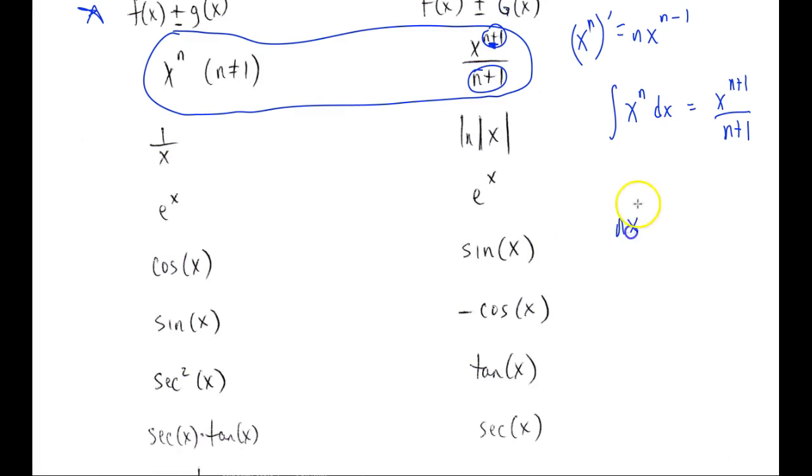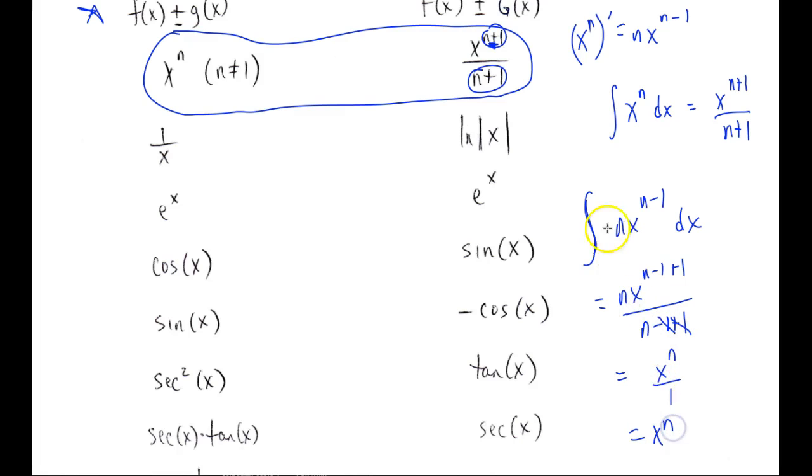And if I was to take this in particular and say I want to do the antiderivative of this, of course this would look as follows. I would add 1 to this and then divide by that. And you'll see here once I'm done, in my numerator I just have x raised to the n, and in my denominator, since that cancels, I would just have 1, which gets me back to here.